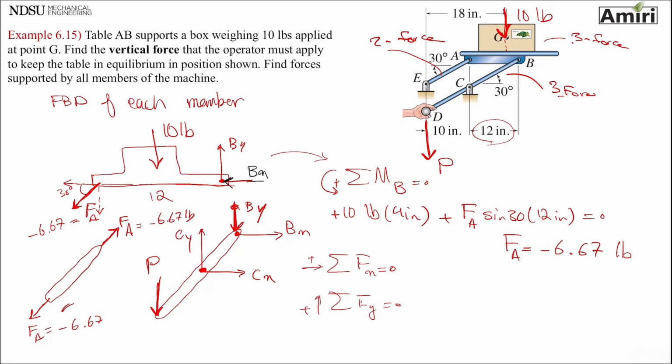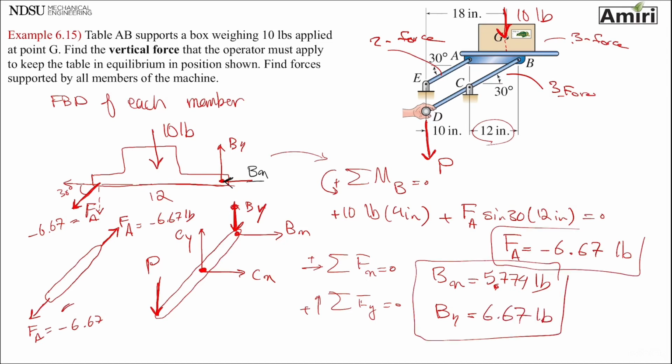From these two, you should be able to get Bx of 5.774 pounds and By of 6.67 pounds. Okay, so I got these three figured out. Bx, I have it. By, I have it.